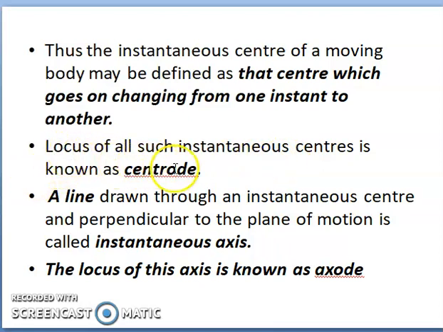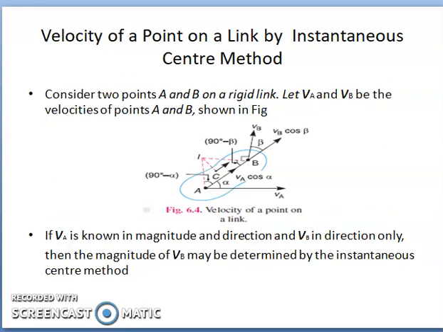If you find the locus of all such instantaneous centers, that is called the centrode. Any line drawn through the instantaneous center and perpendicular to the plane of rotation is called the instantaneous axis. If you find the locus of this axis, it is called the axode.